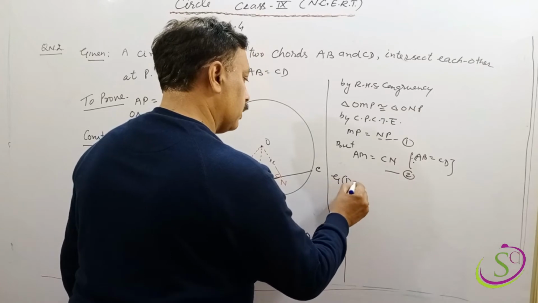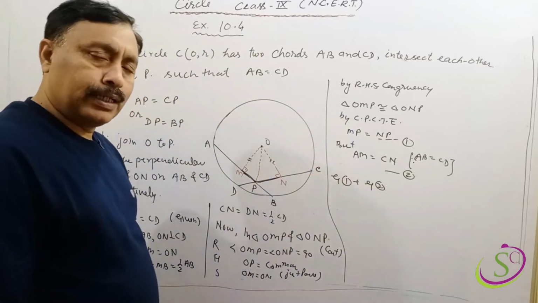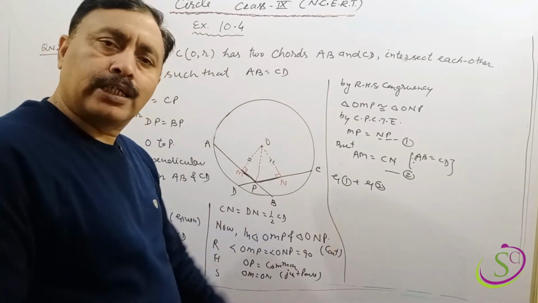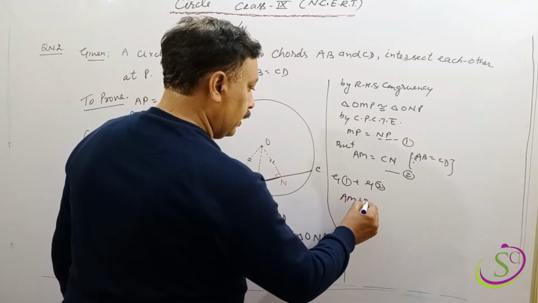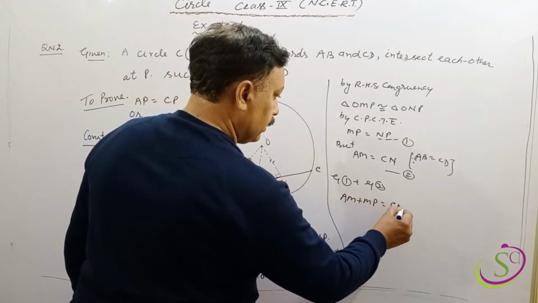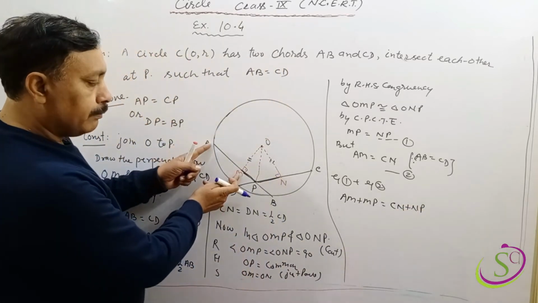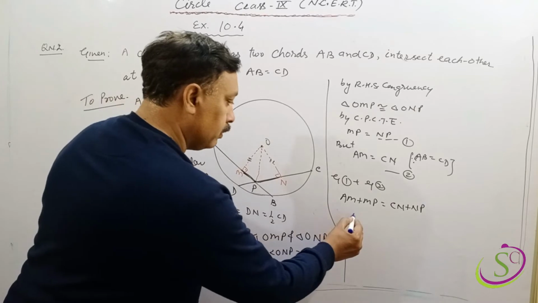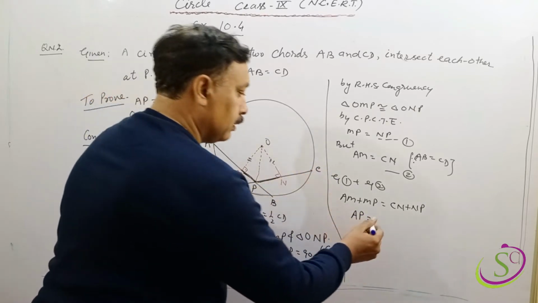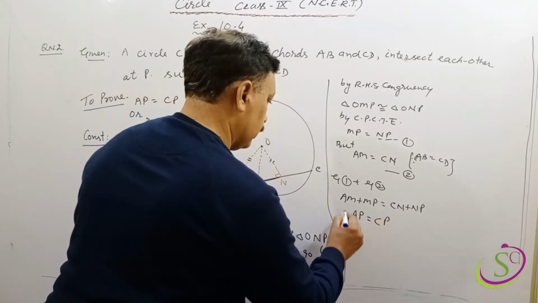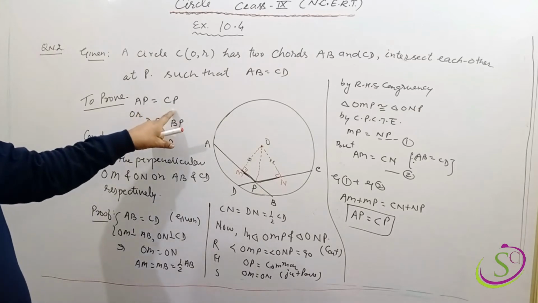So equation 1 plus equation 2. When we add both the equations 1 and 2, left side to left side and right side to right side, means AM plus MP equal to CN plus PN. Just add: AM plus MP becomes AP and CN plus PN becomes CP. Clear? First part is this, AP equal to CP.